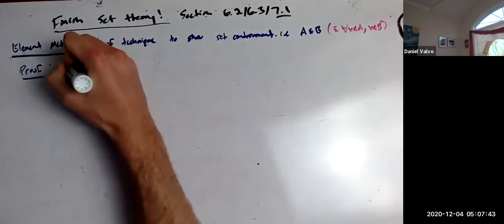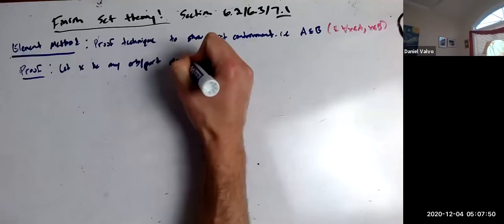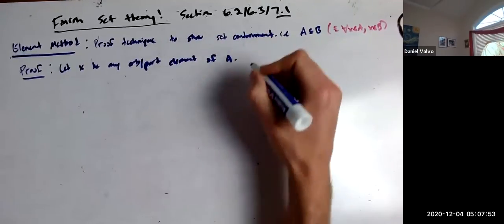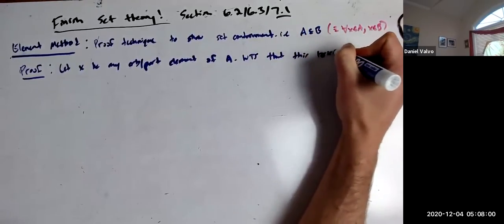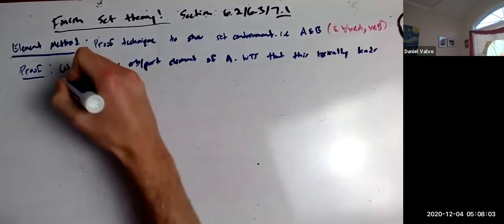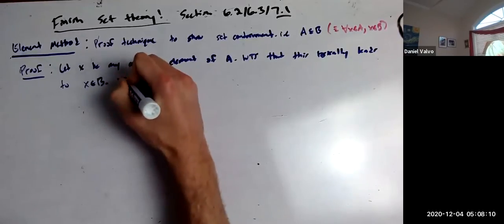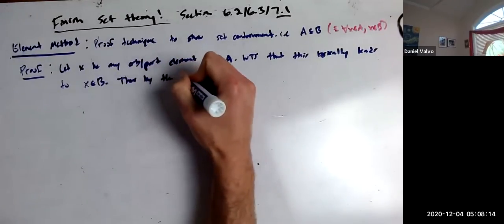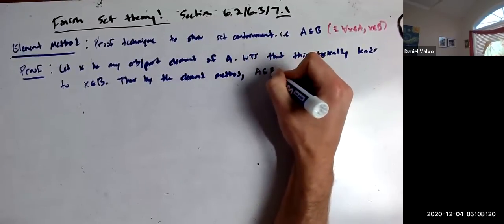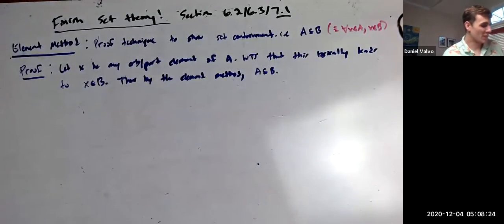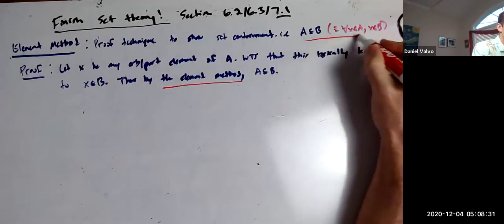So the idea here is let X be any arbitrary / particular element of A. And then we want to show that this logically leads to X being in B. And then we say, thus, by the element method, A is a subset of B. Basically, the element method is kind of like just giving a name to this right here.